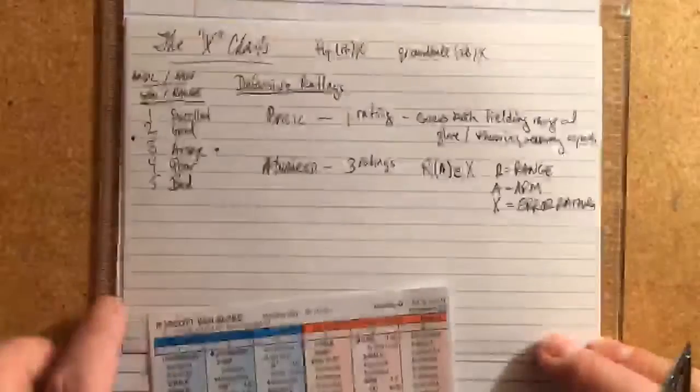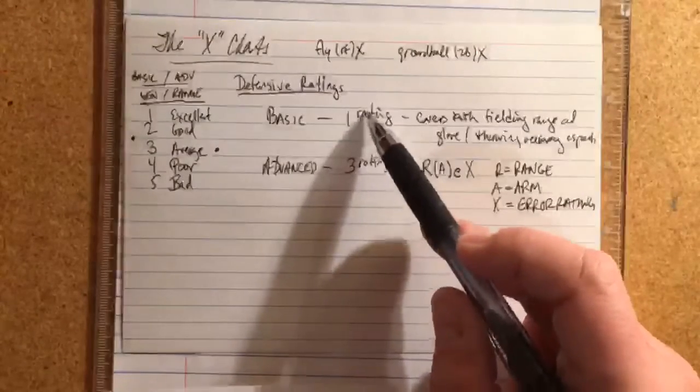Okay? So what that means is that this one rating for Van Slyke, we'll say if he's in right field, that's the 3 rating.